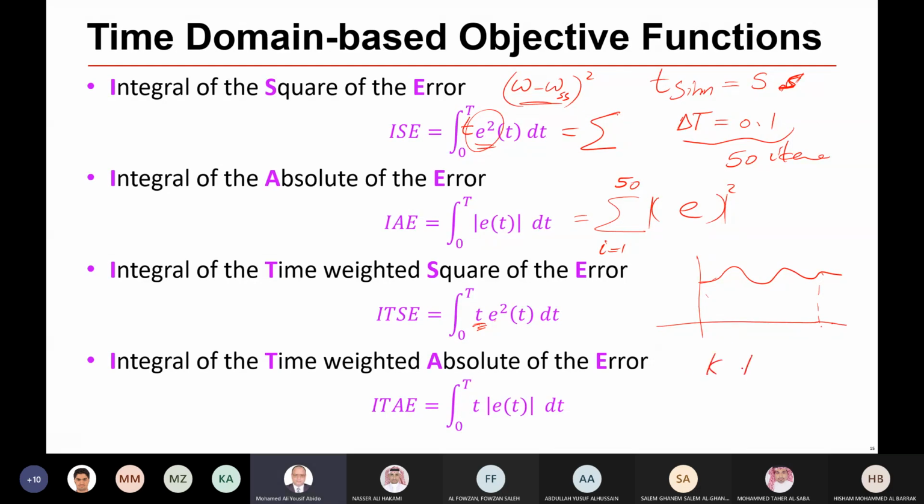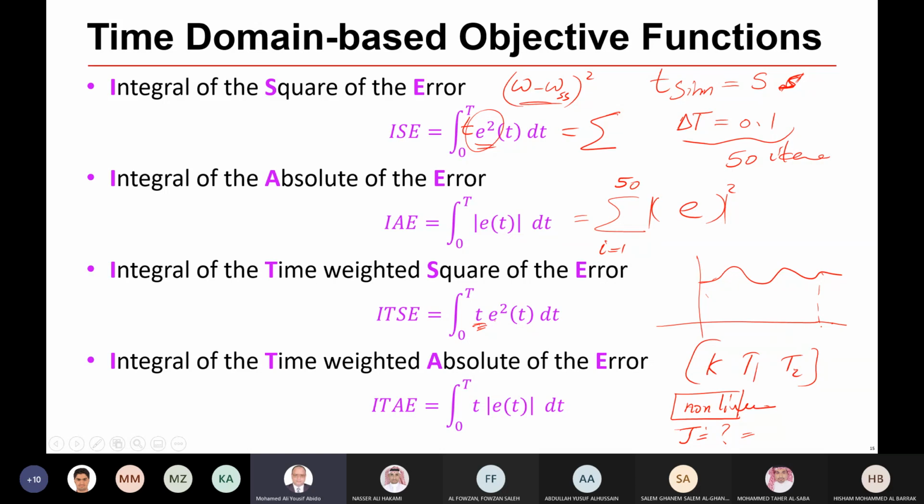You have KC, you have KT1 and T2, and you need to now, not depending on the linearized model, use the nonlinear model of the system to simulate it, and then you have your objective function J, one of those. So in this case, you don't need to linearize and so on. And this is for nonlinear time domain simulation.